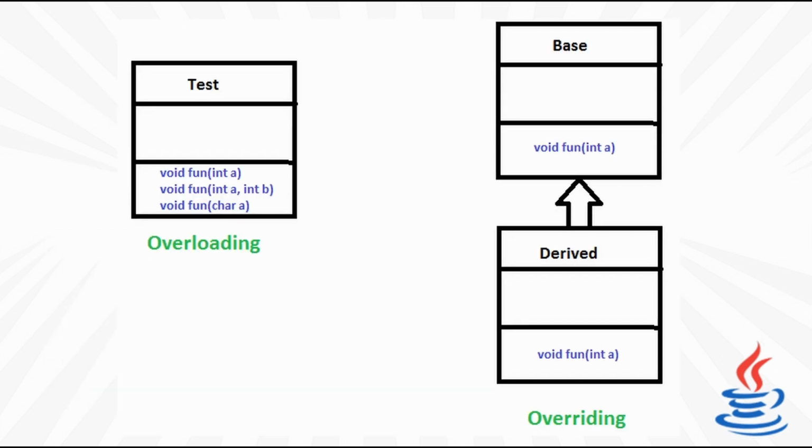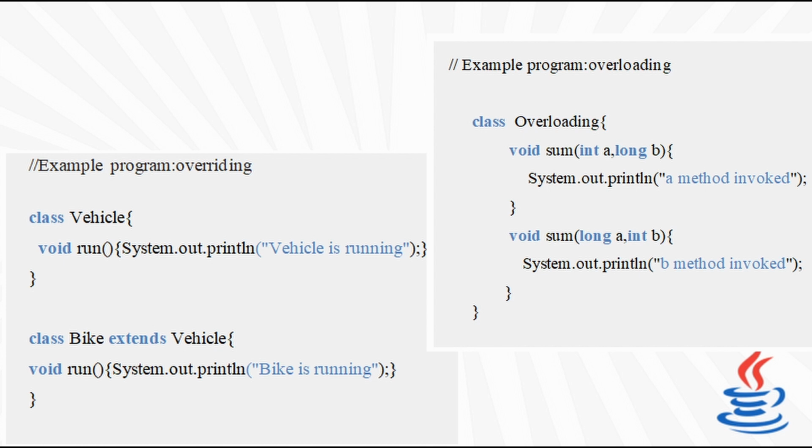Here, we'll give you an idea about overloading and overriding. In overloading, the method is overloaded with different parameters. And in method overriding, the derived class overrides the base class method fun. In this example, we are creating two classes, vehicle and bike.